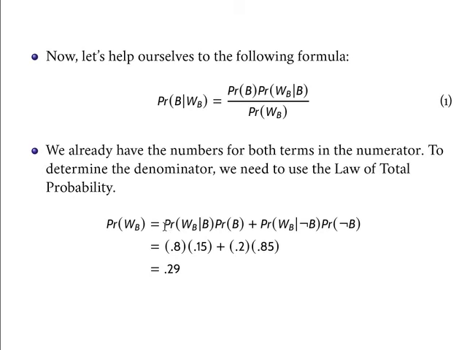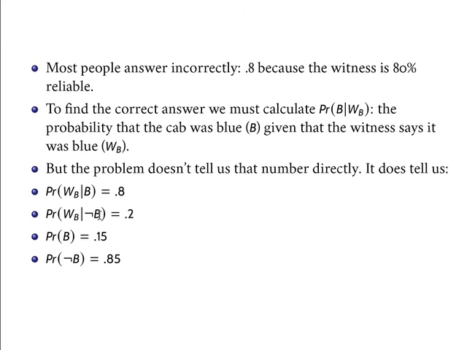And here, if you look at the right-hand side of this equation, we have all of these numbers. The first term that we're summing up is simply the numerator, and the second term is given to us as well by the question.